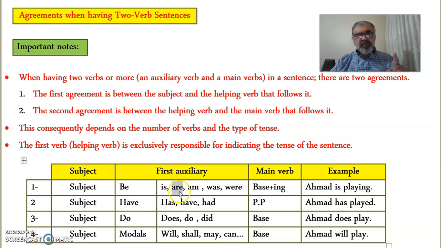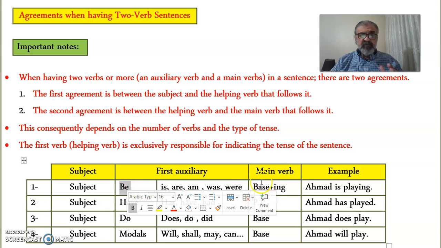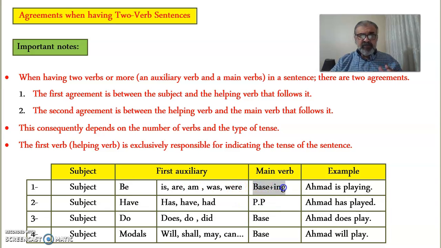Now, our second agreement is between the helping verb and the main verb. For instance, if we are using the verb to be, it should always be followed by the verb ing, the present participle, if we start with a subject, not an object, and if we have an active voice, not a passive voice sentence.